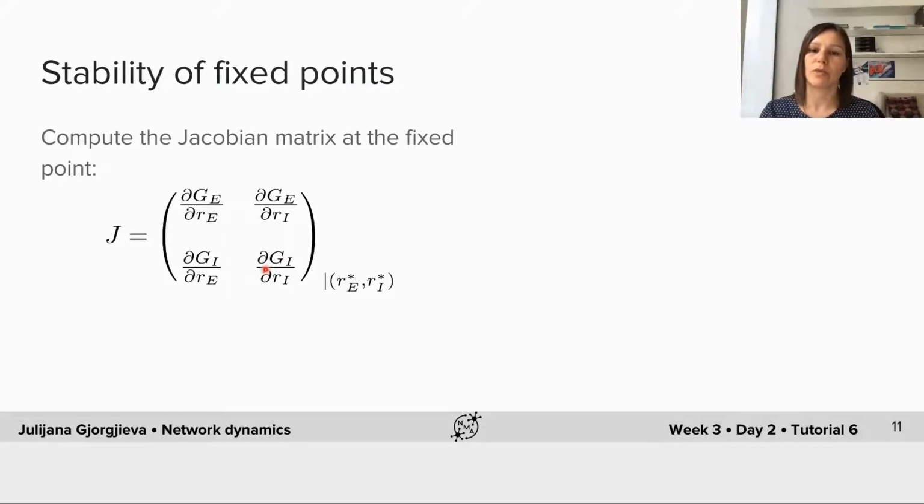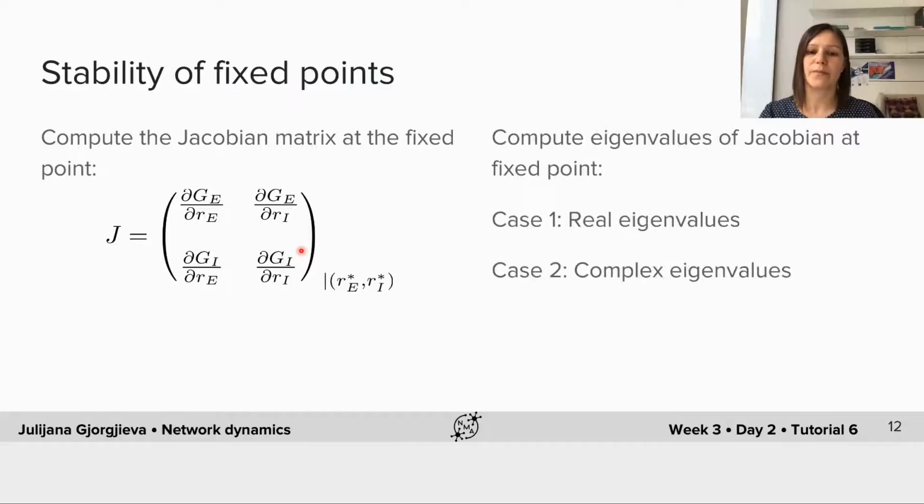So very similar to what we did for the 1D system, where we just had a single population. By computing the derivatives with respect to the E and the I population and evaluating them at the fixed point, we can obtain a numerical expression of this matrix for each of the fixed points.